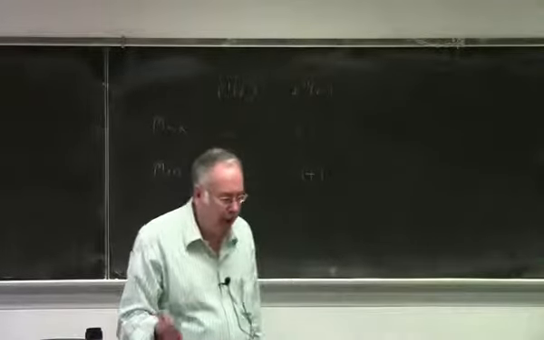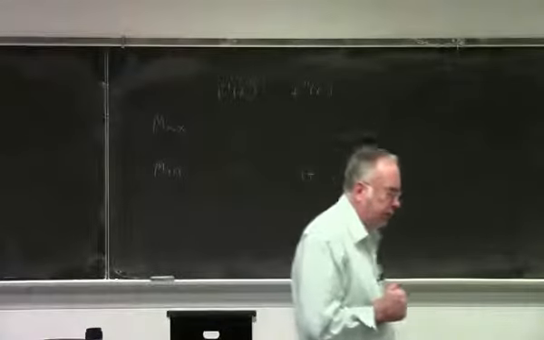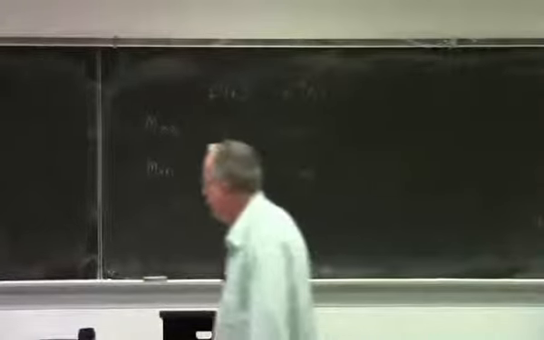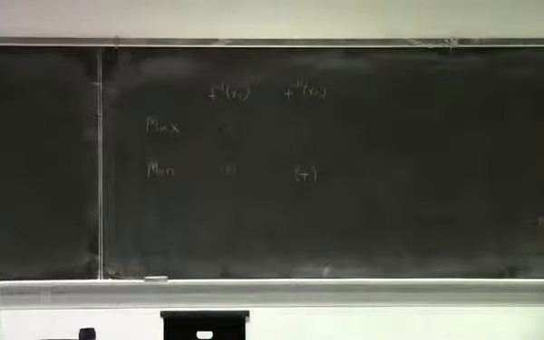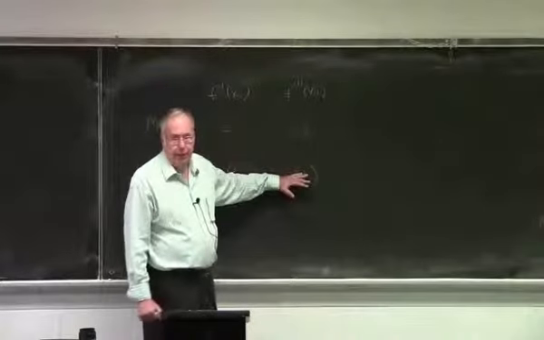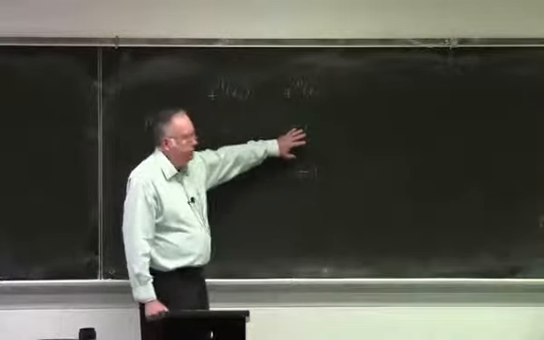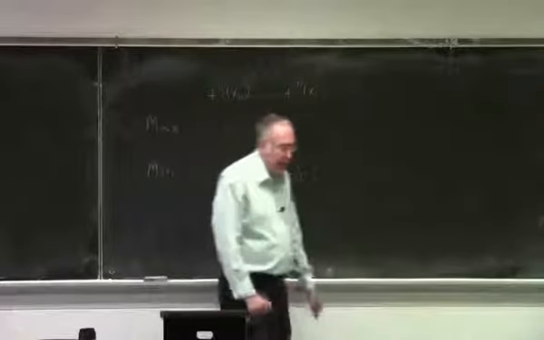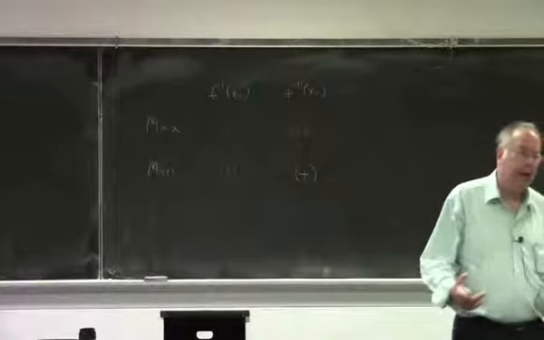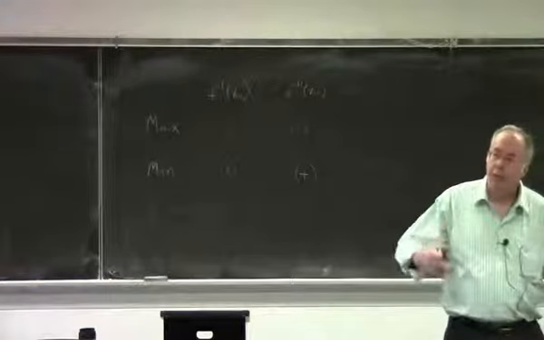Now, the only difficulty with this test is when the second derivative is neither positive nor negative. If the second derivative is 0, then this test will not tell you what you have, and you have to do some further work.